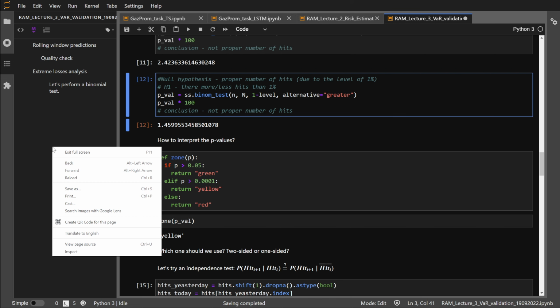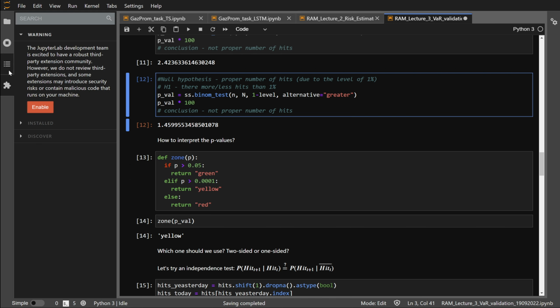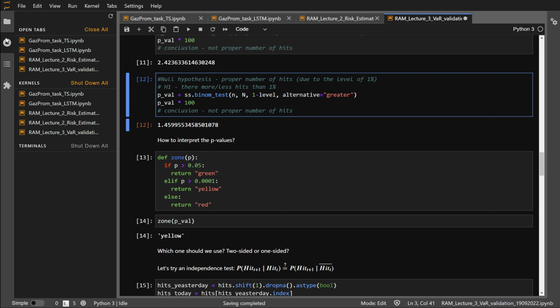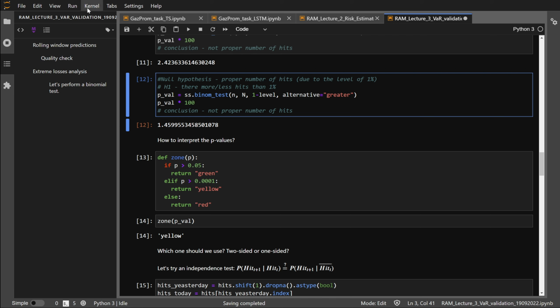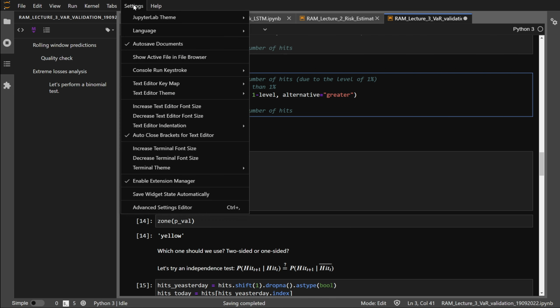Another picture arises from regulatory purposes, because regulation usually sets a critical value for some parameters.